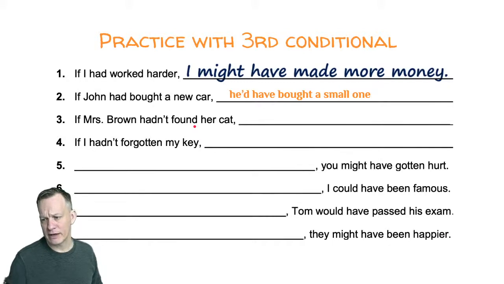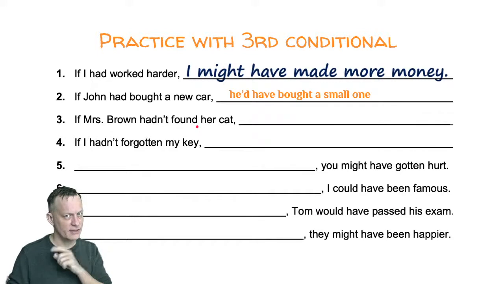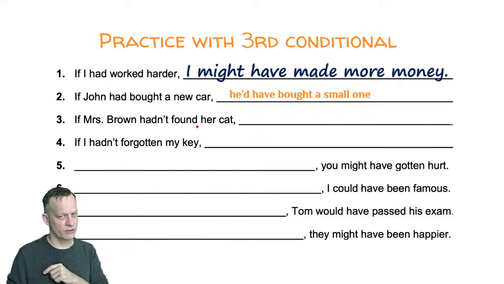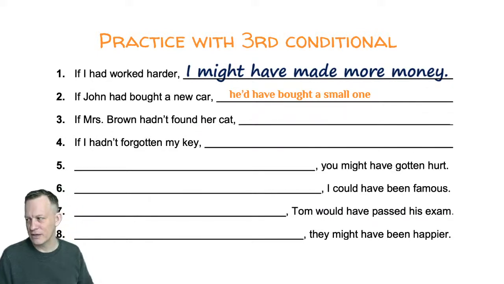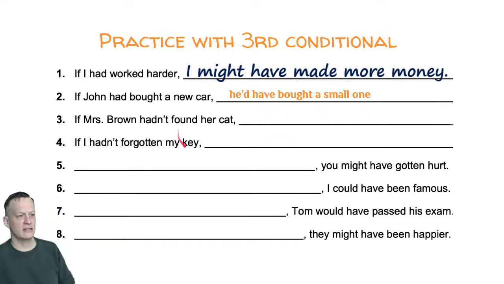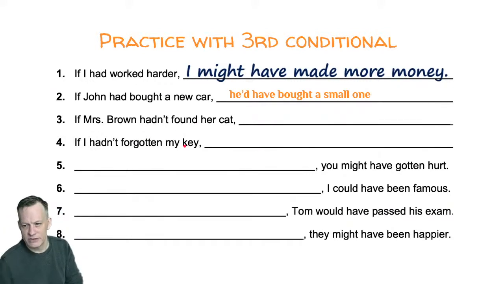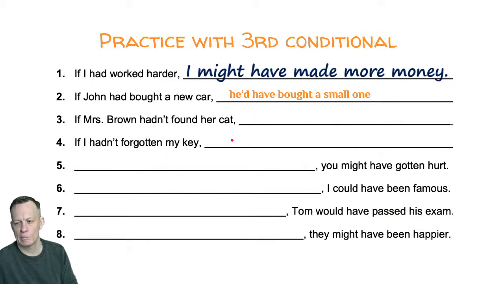If Mrs. Brown hadn't found her cat, she would have gone crazy. Ooh, these ones are... You said that you didn't have any problems when I was showing you how to make the third conditional, but I'm thinking that this isn't as easy as it looks for some people. Y'all are making some mistakes. If Mrs. Brown hadn't found her cat, we'd have looked for it all night.